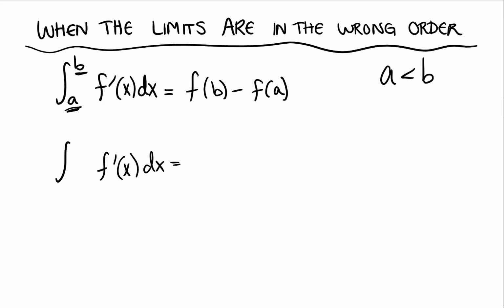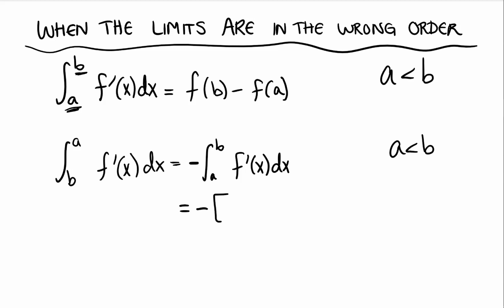But if a is less than b still, but b is the lower limit and a is the upper limit, because the lower limit has to be less than the upper limit, we rewrite it, but that rewrite has mathematically changed our result to be the negative of the original, which means that when you integrate, this would be negative f of b minus f of a quantity.